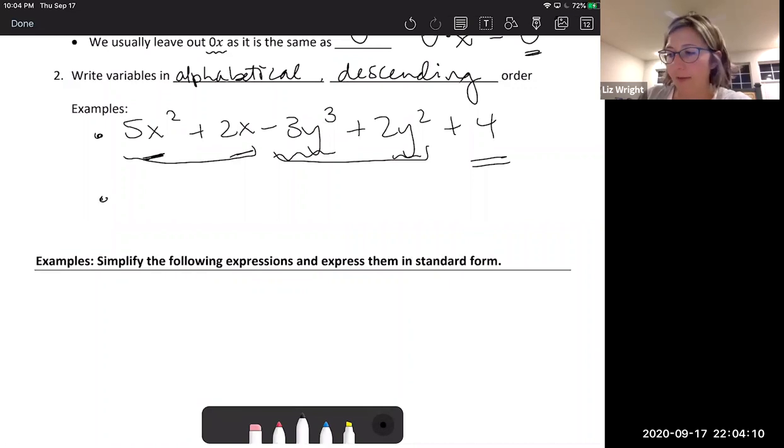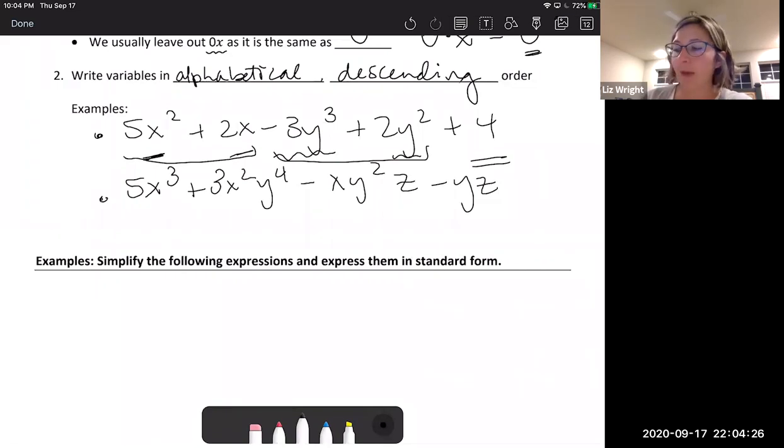Another one we might have is 5x cubed plus 3x squared y to the 4th minus x y squared z minus yz. And again, looking at that one, alphabetical and then descending order. Alphabetically, think about a filing cabinet. You're going through the files, what's going to come first, an x to the 3rd term or an x squared y to the 4th?